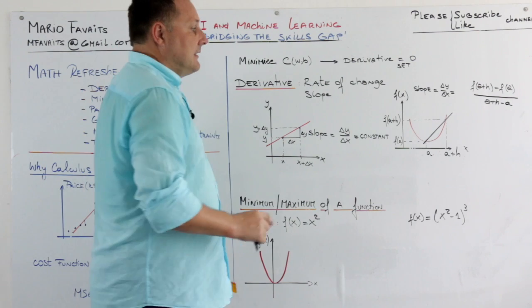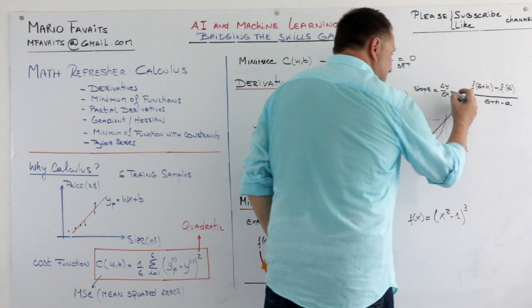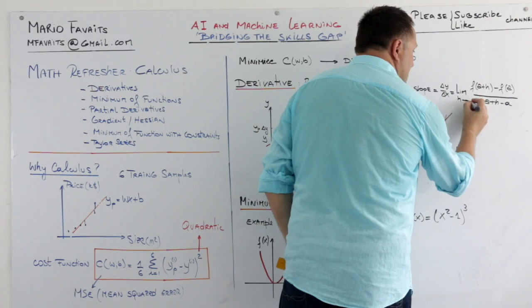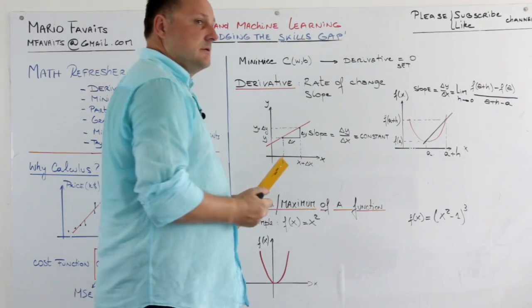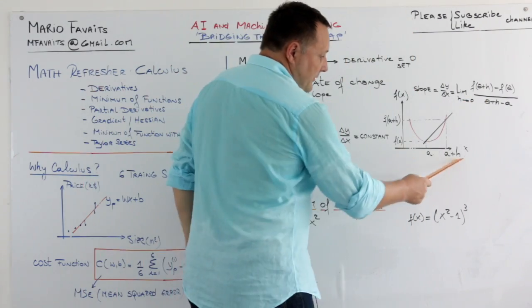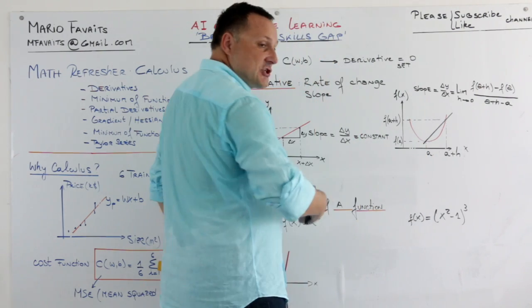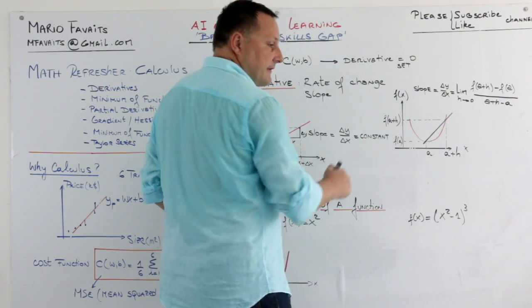But we need one more thing. We need to take the limit for h going to 0, because when h goes to 0, I find the instant rate of change in f of a.